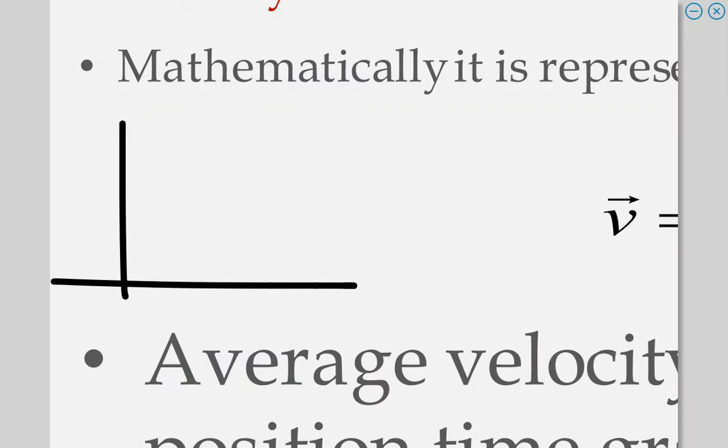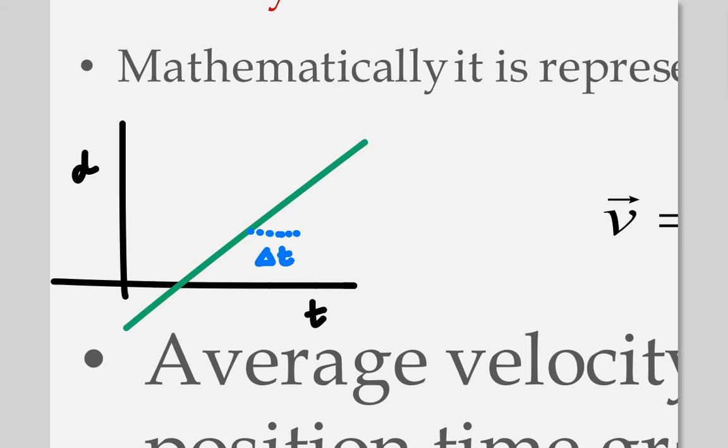And if you were to do this, let's say you had some constant velocity like this. So this is d, this is t. Okay, if you have a linear d-t graph, it doesn't have to be linear, but if it is, then your velocity is constant, and you can calculate that velocity by doing some delta d over delta t, and we call that slope.